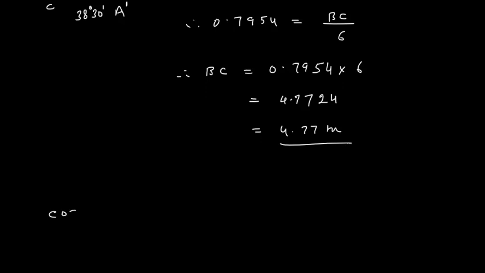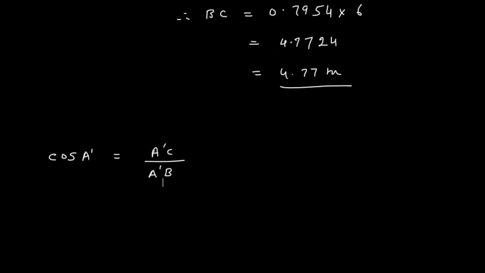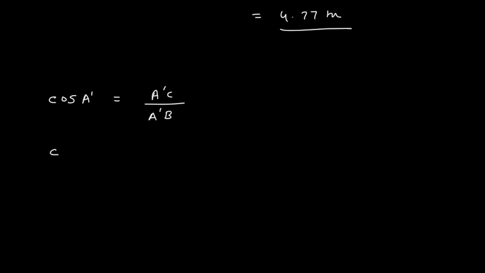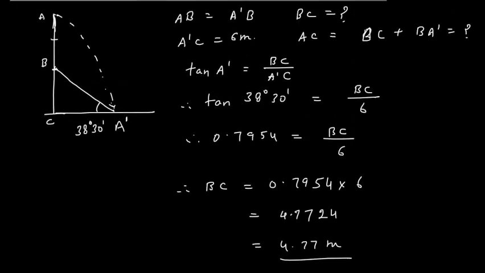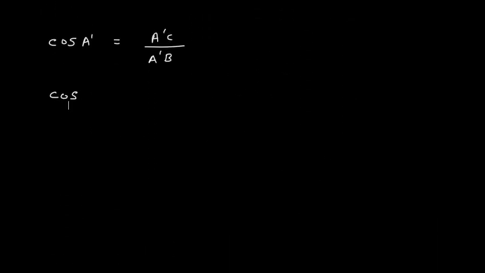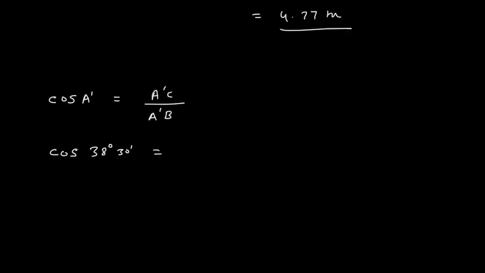Cosine of angle A dash is equal to A dash C divided by A dash B. So cosine of 38 degree 30 minute is equal to A dash C, which is given as 6, divided by A dash B.